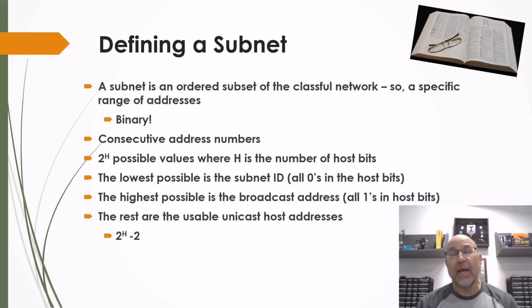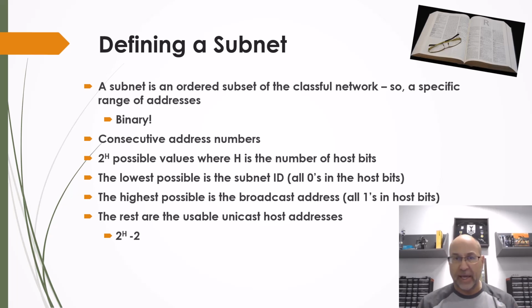Now in a subnet, we're talking about consecutive address numbers. This is true in two cases. If I break up a space into a bunch of subnets, then the subnets themselves are going to be sequential, and then the addresses within the subnets are going to be sequential as well.